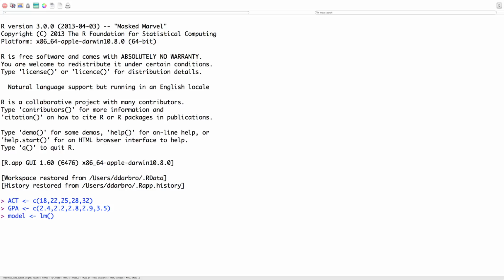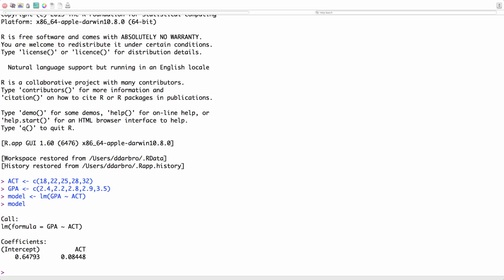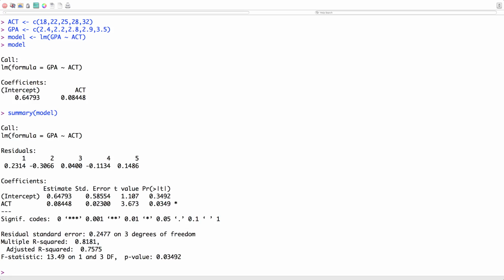We have linear model, GPA, ACT. If we look at our model, we just get the parameter estimates, but if we do summary of our model, we get some other things. A couple of things I want to point out: the residual standard error here is 2.2477. If we square that, we get an estimate of our sigma squared, which is the very first thing we need. So I'm going to write this down.